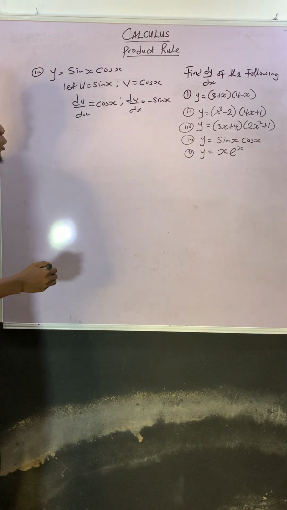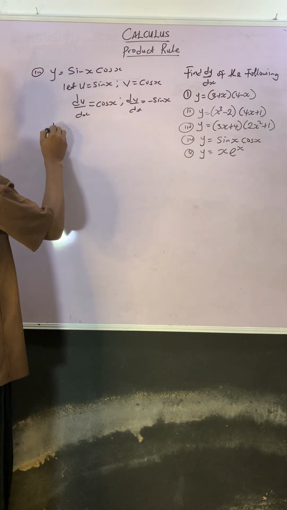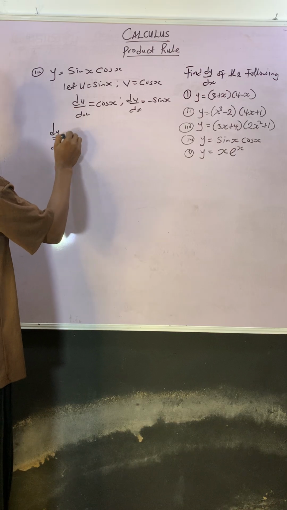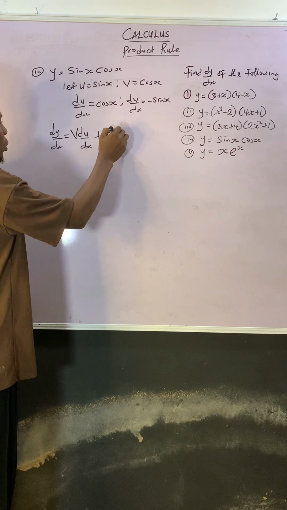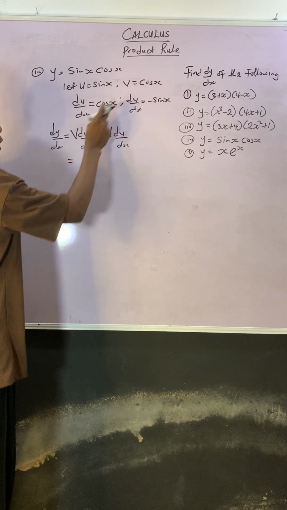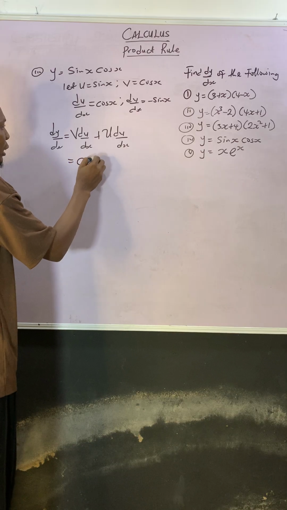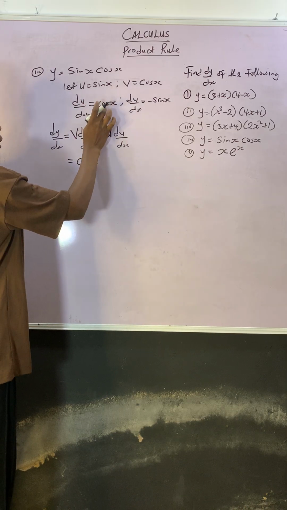So after that, what do we do? Then substitute everything into the product rule formula. The formula is dy/dx equals v du/dx plus u dv/dx. So from here, our v is cos x, the du/dx is cos x.